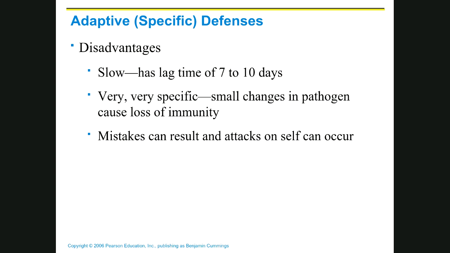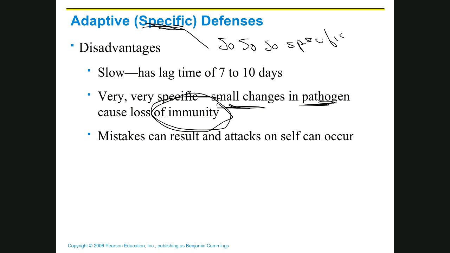Another disadvantage is it's specific, but it's so specific that if you change the pathogen in any way, just tiny little changes in the pathogen, and you lose the immunity. You lose it. And if you lose the immunity, you have to start all over again.